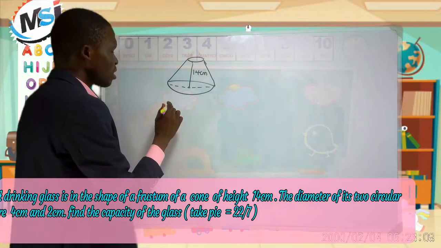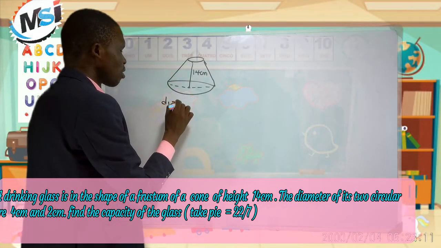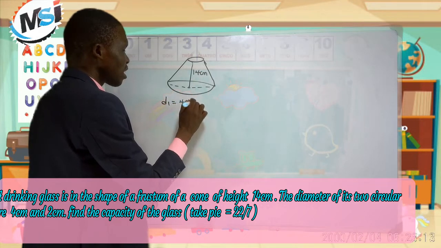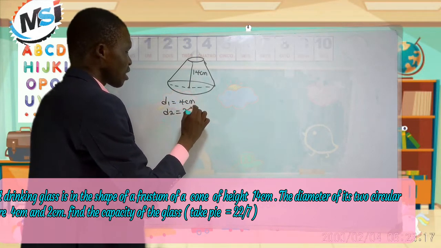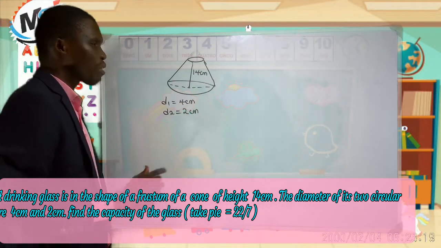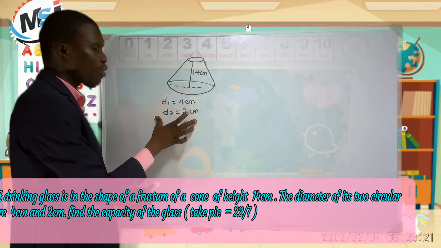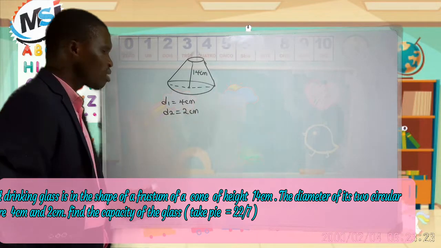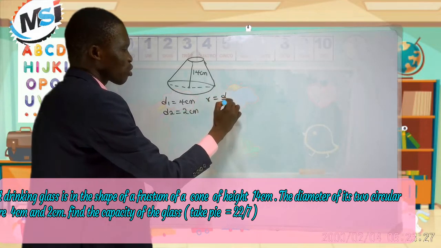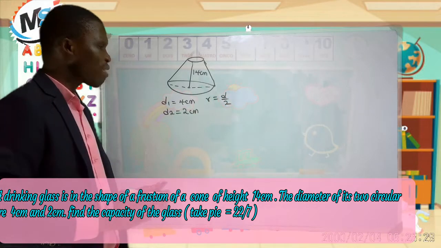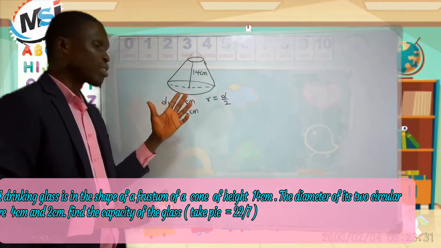So that is telling you that D1 equals 4 centimeter and D2 is 2 centimeter. Now, from this we can find our radius. Our radius equals diameter all over 2. So that means to find radius, you divide diameter by 2.